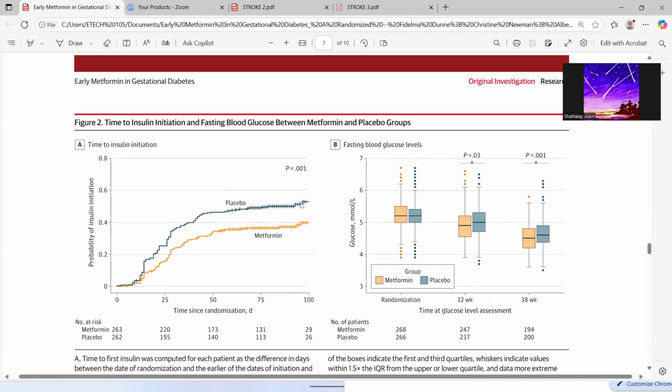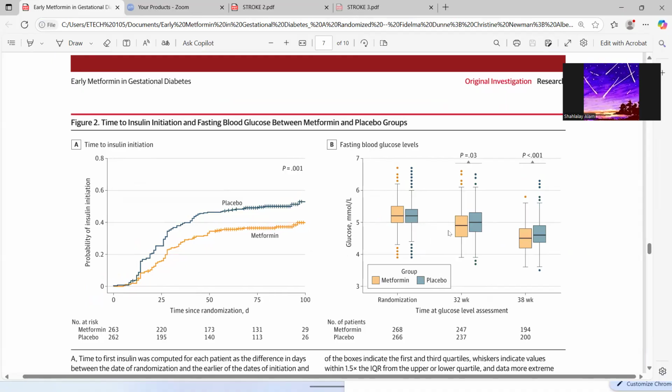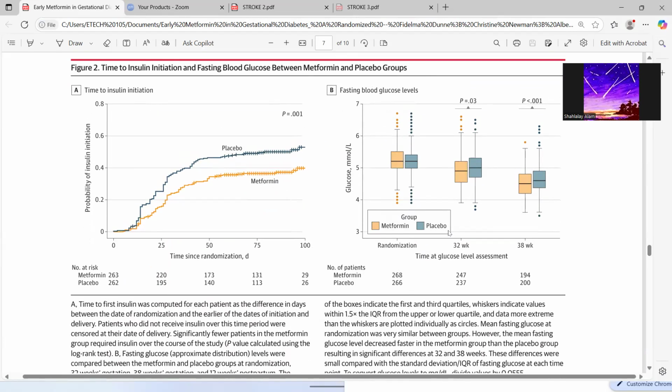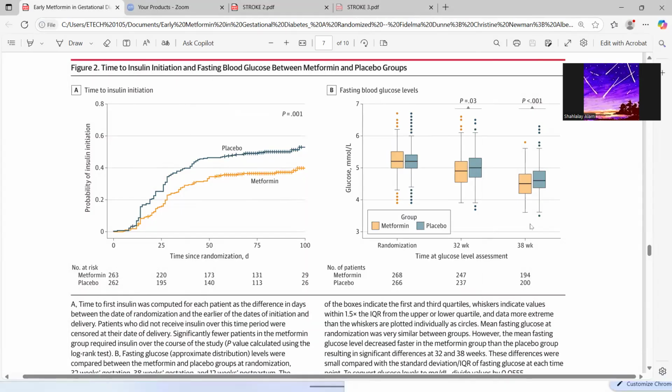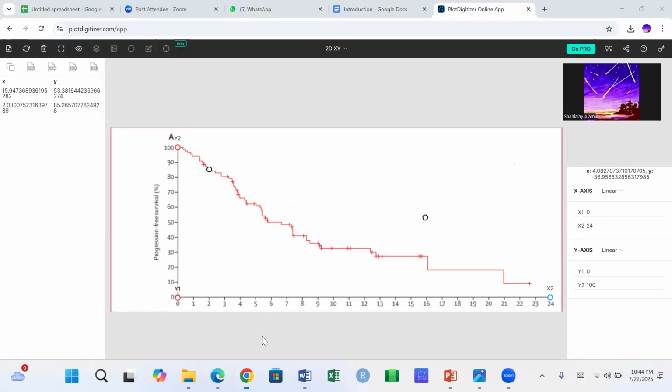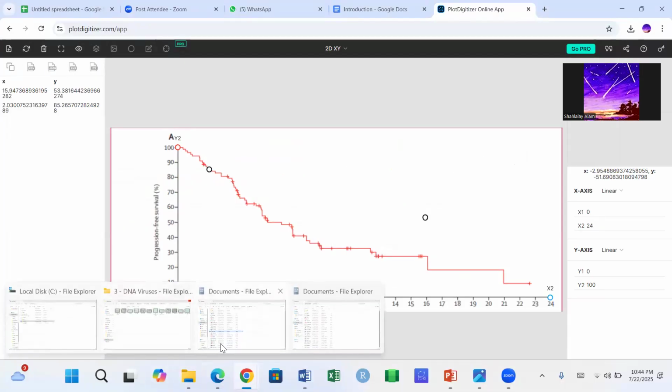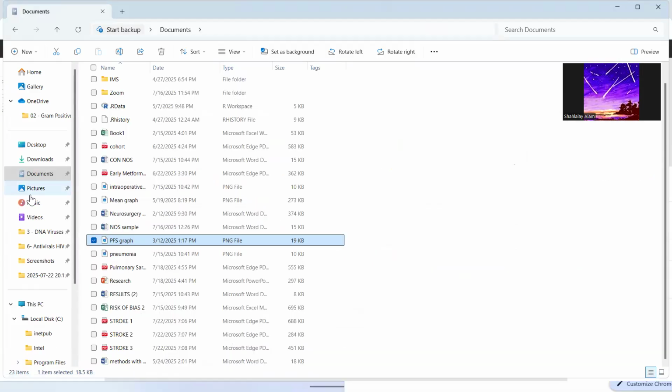Consider these small lines as these, right? I'll take a screenshot of this. I'll take a screenshot again. I'll go to my screenshots, the pictures.